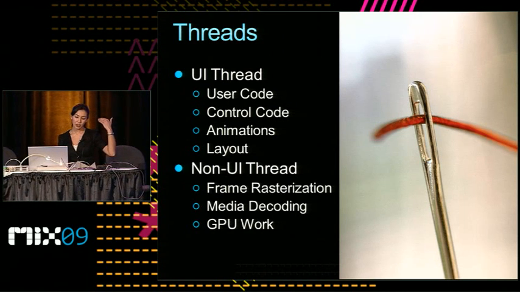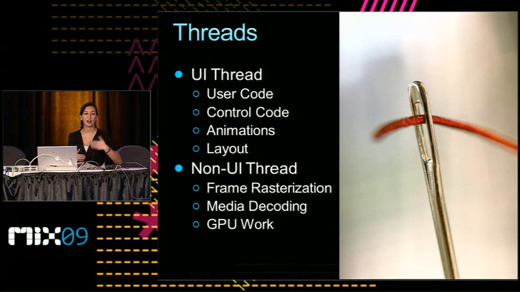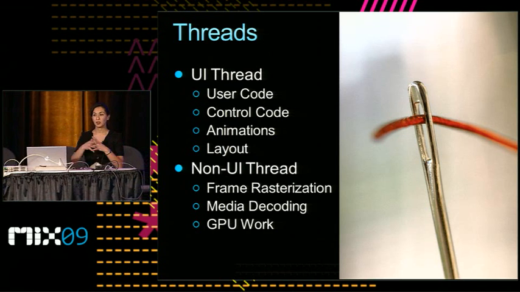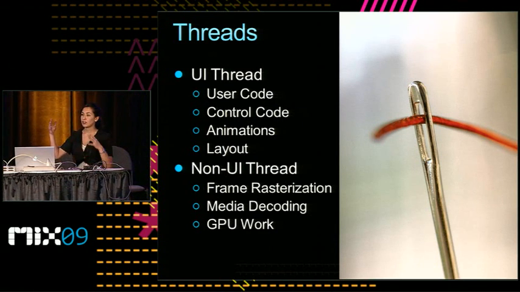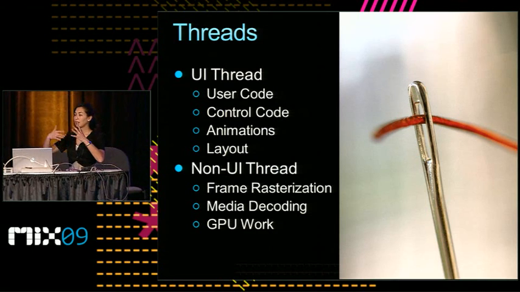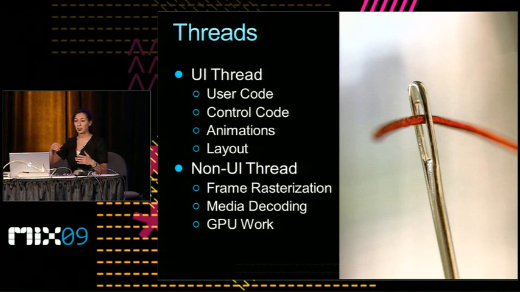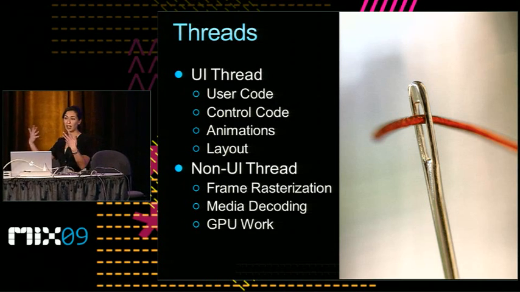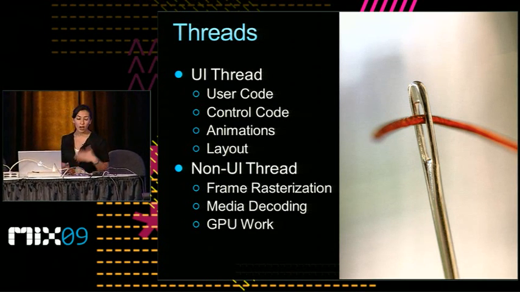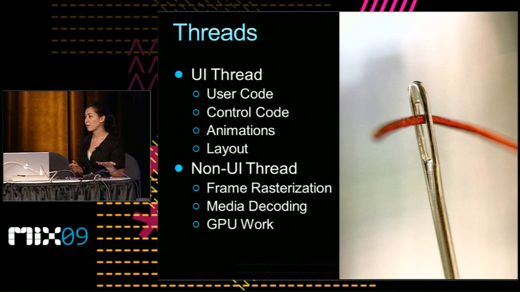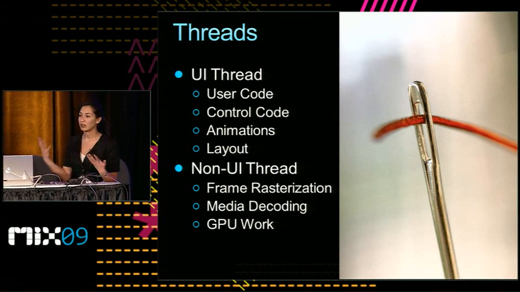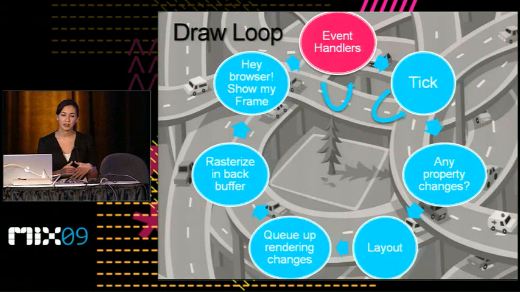The user code, our layout code, and our animation are all running on the UI thread. And so if you're running something complex, it's sometimes going to pause your animation, and that's simply an understanding as to why that's happening. Off of the UI thread, we have the frame rasterization, media decoding, and of course, the things that we're harnessing the GPU for.